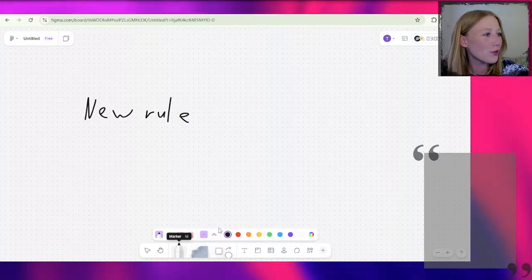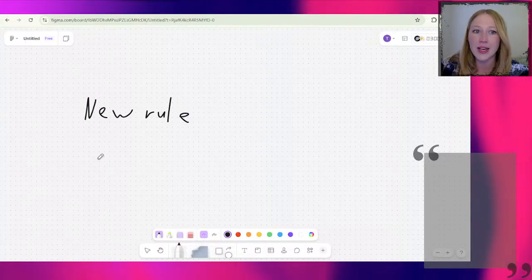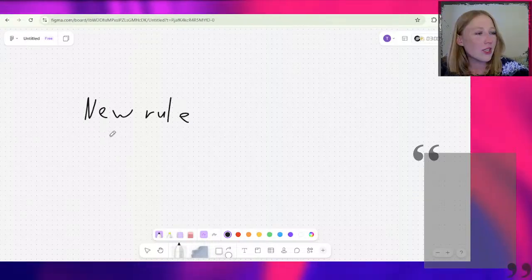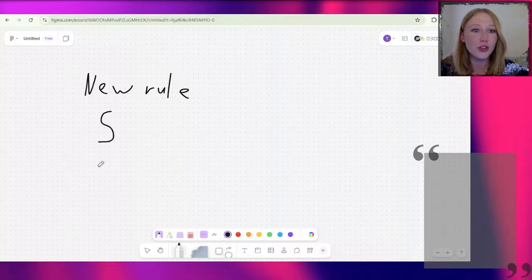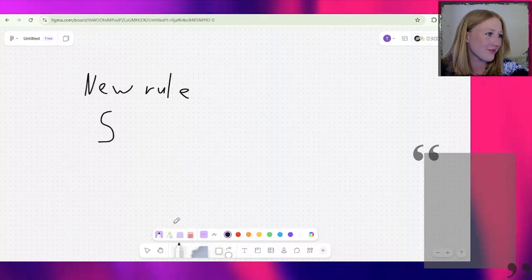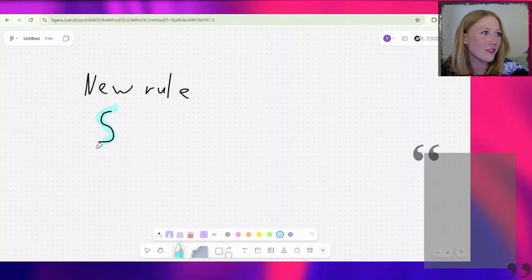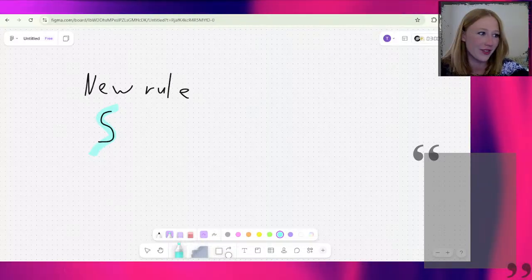Okay, so the new rule: we have superimposed rivers and we have antecedent rivers. If we look at a superimposed river, starting with an S, the new thing in this story is the river. So let me grab my highlighter. The S is the stream. That's the new thing.